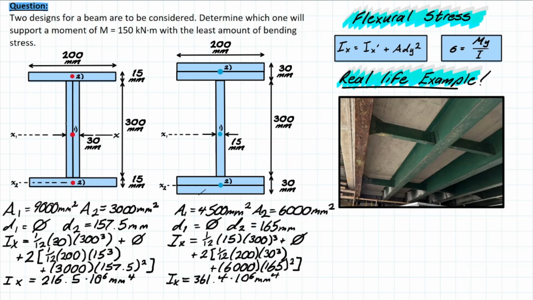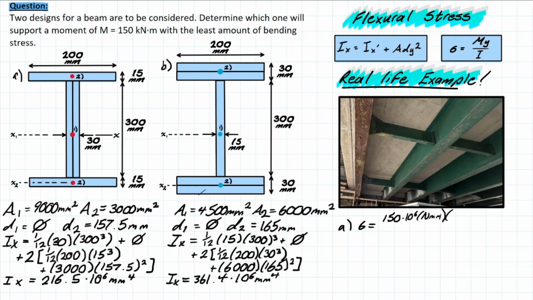So let's start with this first member here. Just going to call this member A, member B, so we don't get confused. Member A, the stress is going to equal 150, that's the moment that's being applied, times 10 to the 6 for Newton millimeter.